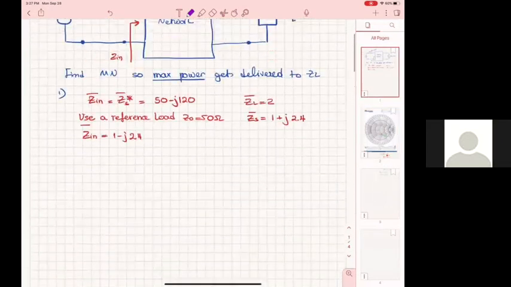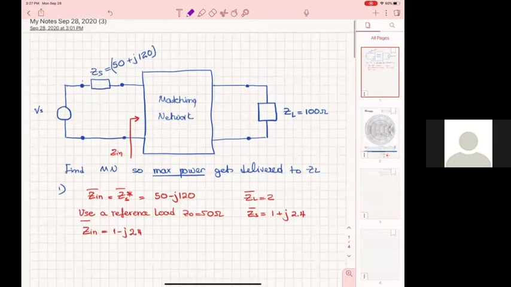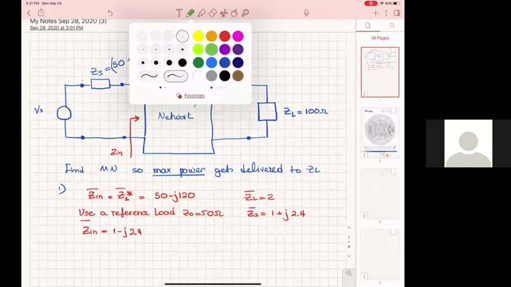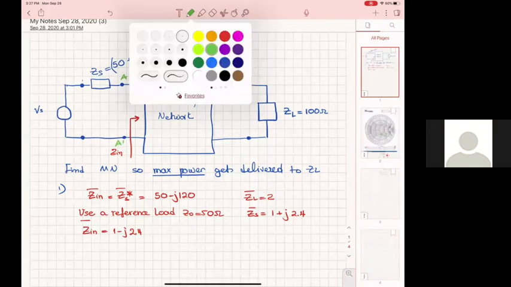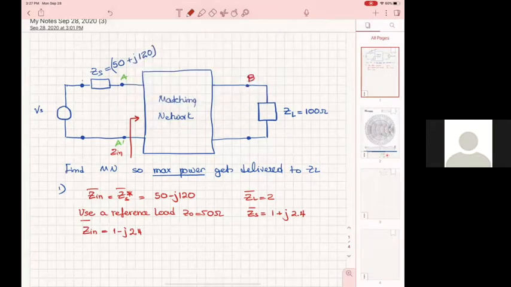If A is here, and this is B, C is somewhere in here. Now, there are two options.